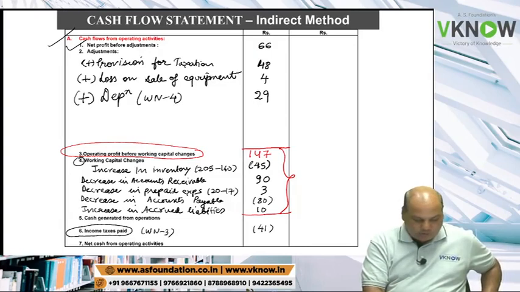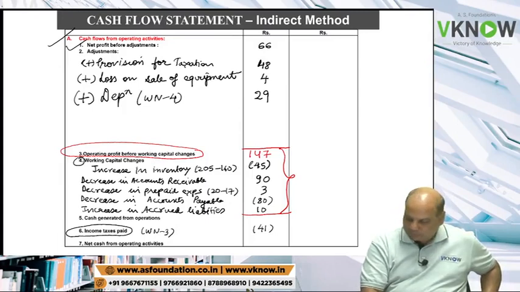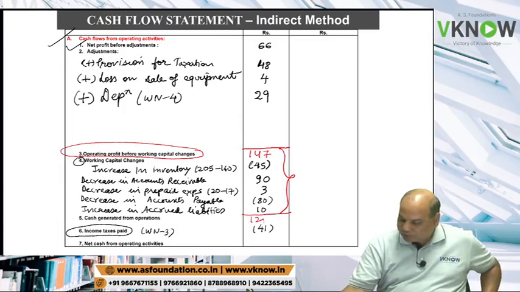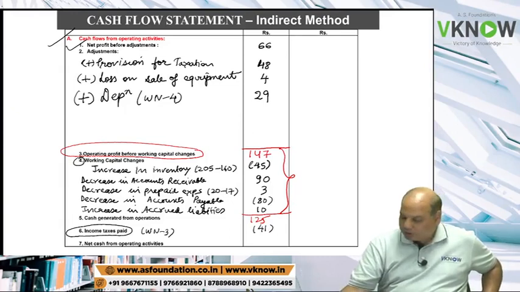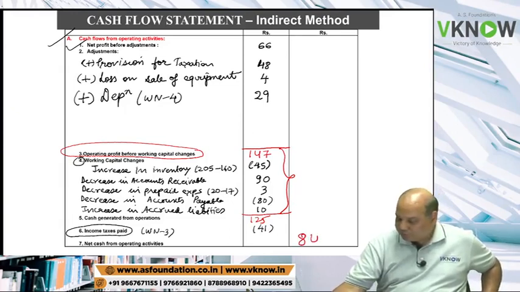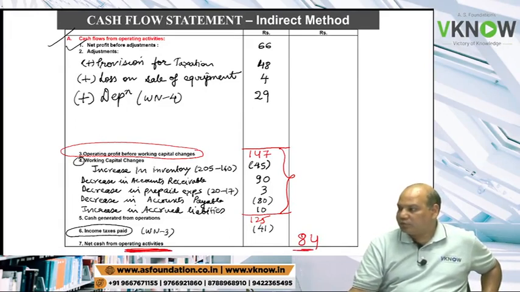Nobody wants to reply; everybody wants me to solve. Okay, so that is 125, and 125 minus 41 is 84. First point, cash flow from operating activity, we got 84. Tanya is right.